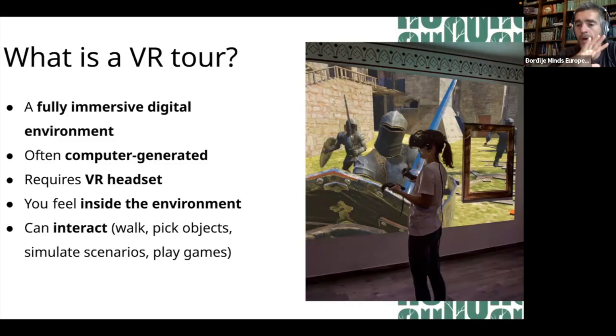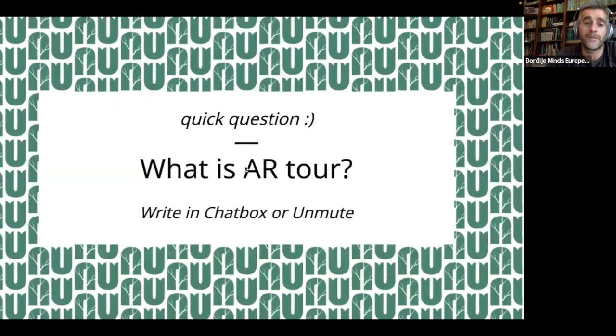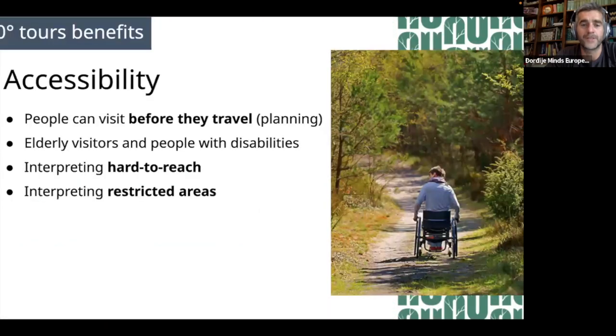So your reality is exactly the same that you're looking at in that moment. Of course, you have to be in that space, in that area, but something is added to your reality, which is virtual. So this is the main difference. Sorry if it's a little bit confusing, but I had to explain these definitions.